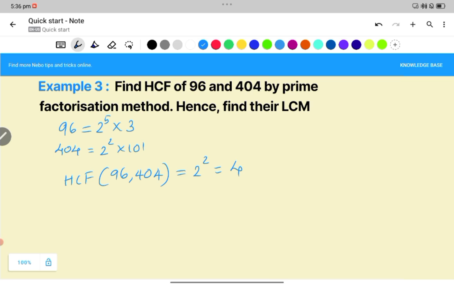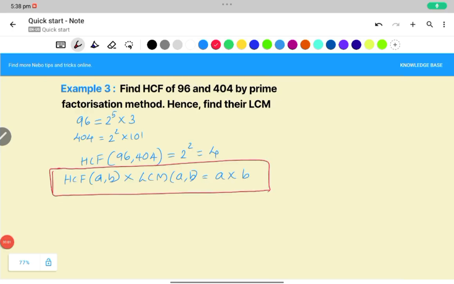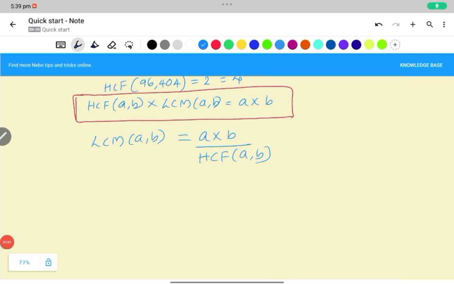After finding this HCF, we have to find the LCM of these numbers. We know that for any positive integers a and b, HCF into LCM is equal to a into b. LCM is equal to a into b by HCF.